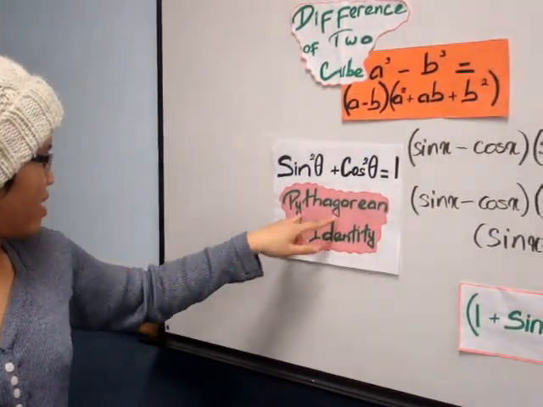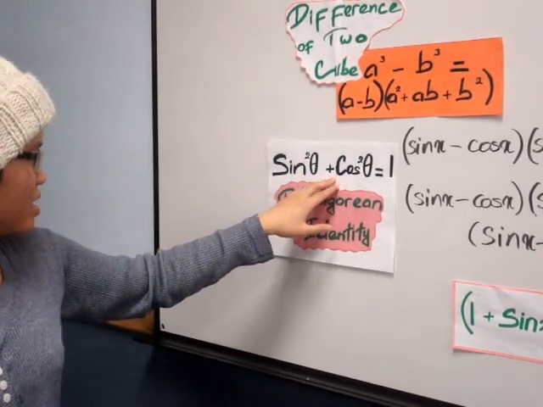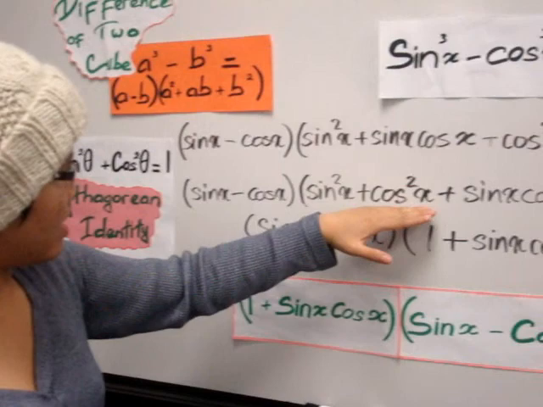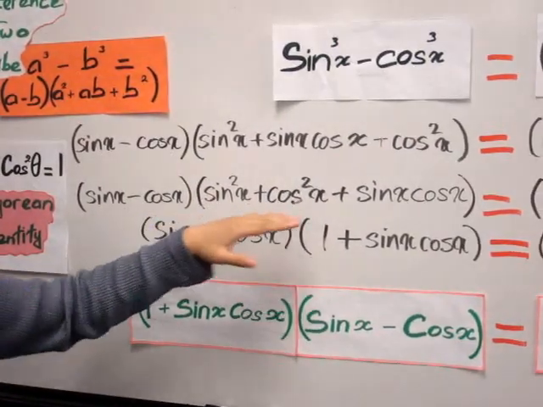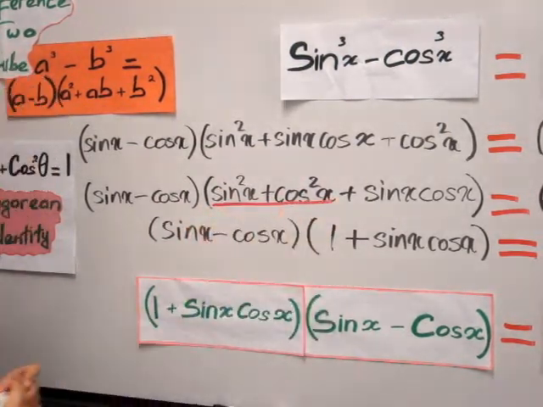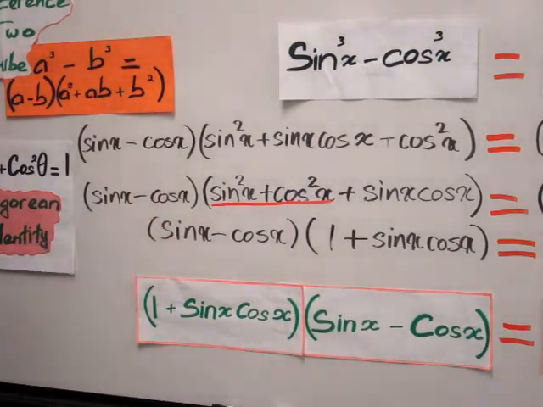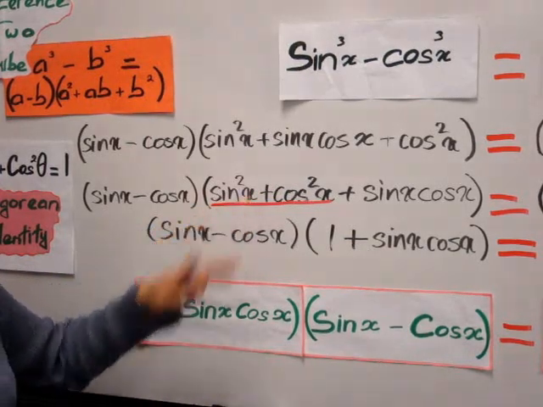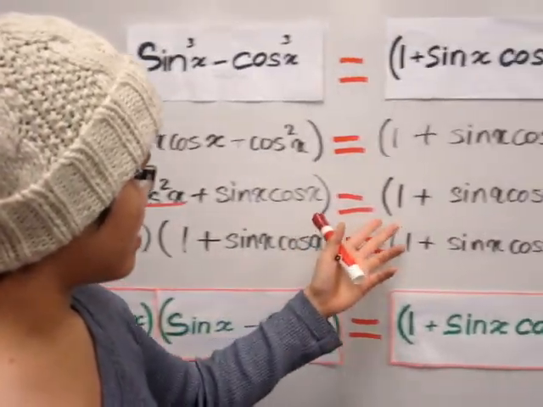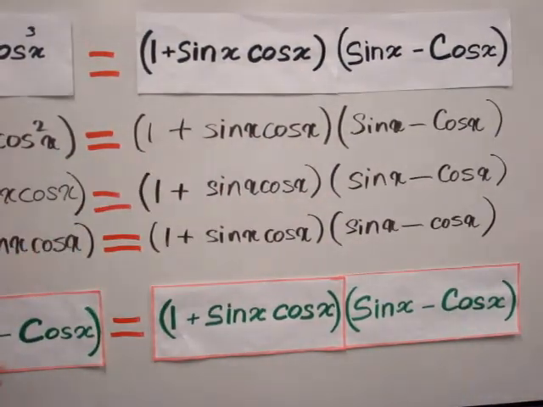The Pythagorean identity is sine squared theta plus cosine squared theta equals 1. And we're going to write it next to each other so it's easy to see. Now we have sine x minus cosine x times sine squared x plus cosine squared x plus sine x cosine x equals the right side, and we just keep it and don't touch it.